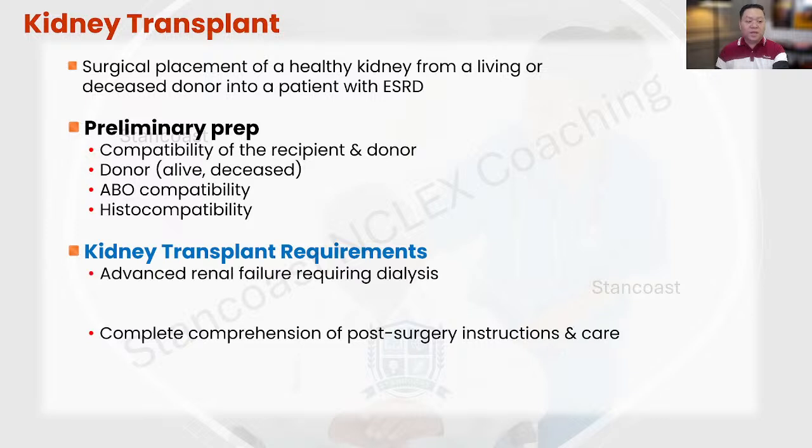One of those is advanced renal failure that may require dialysis, whether peritoneal or hemodialysis, or end-stage renal disease, or maybe a projected lifespan of at least 5 years. So they can qualify if they have that criterion.